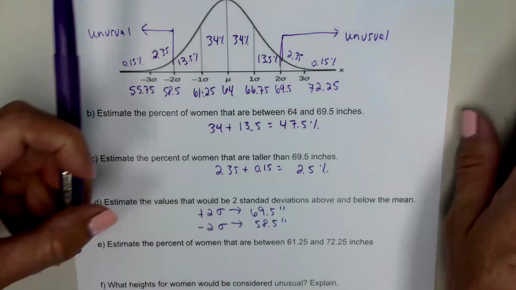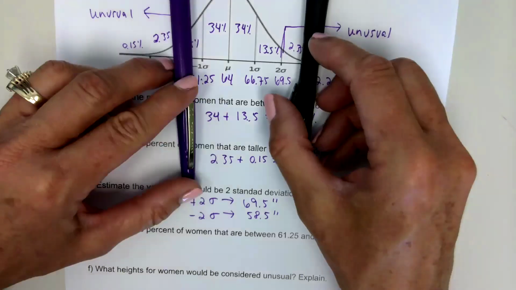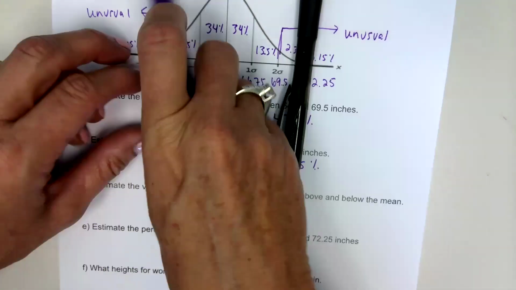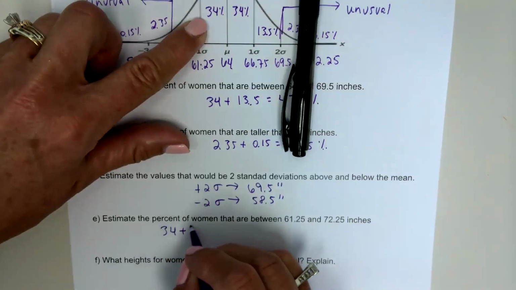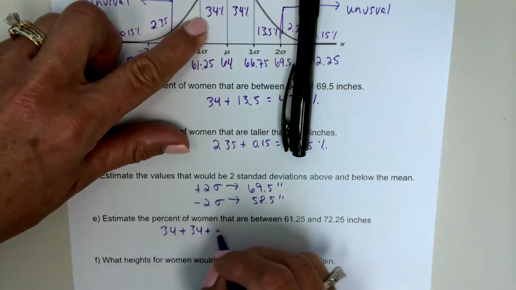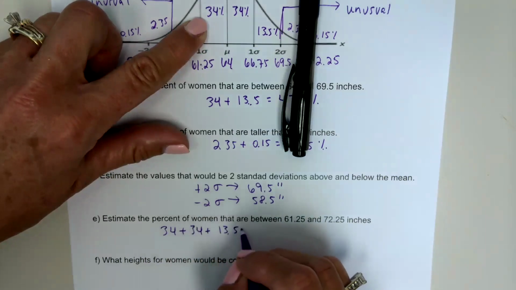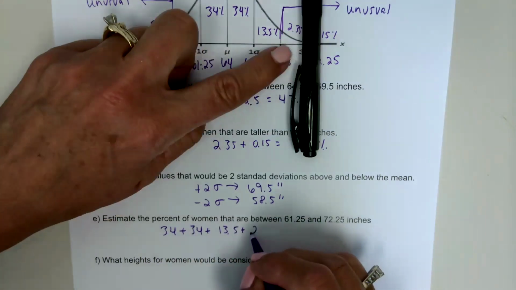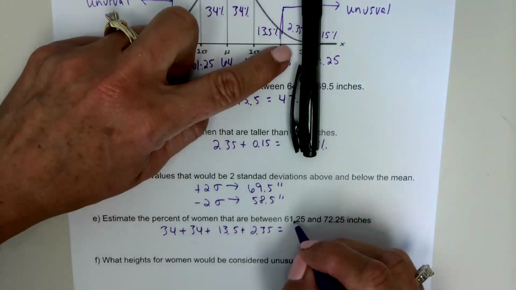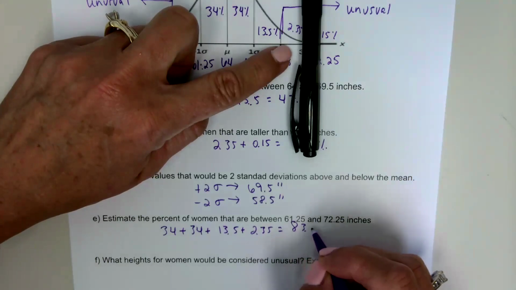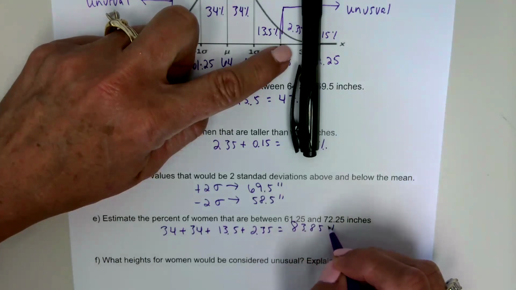So sometimes it helps to lay a pencil or a marker down so that you can see. So that would be 34 plus 34 plus 13.5 plus 2.35. And that gives us 83.85%.